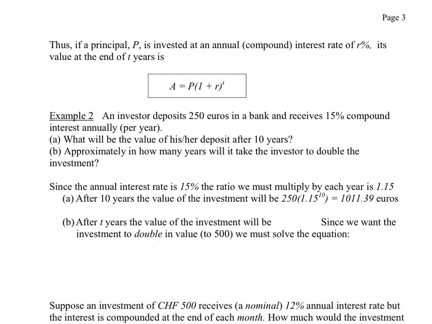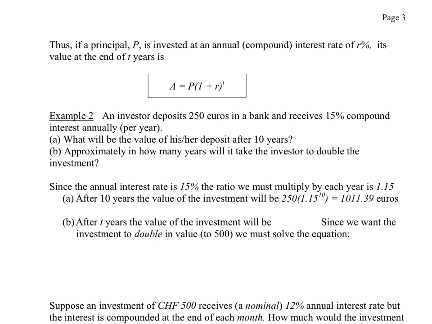Can you see the similarity between this expression here and this expression up here? The P is 250. The 1 plus R is the 1 plus 0.15. We've converted 15% into 0.15 and we've added it to 1. And the 10 is the number of years.